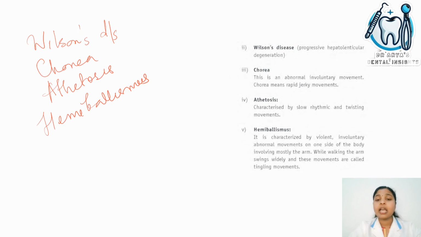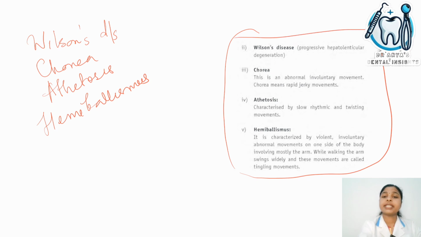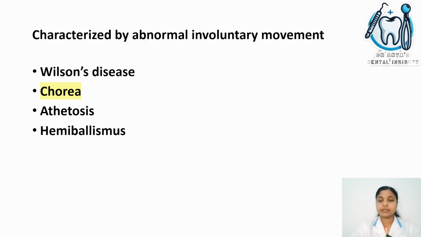While walking, the arm swings widely, and these movements are called flinging movements. So these are the various movements. Okay. So the answer is chorea. That is known as rapid jerky movements.